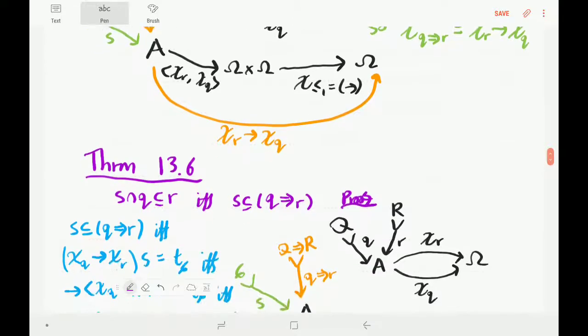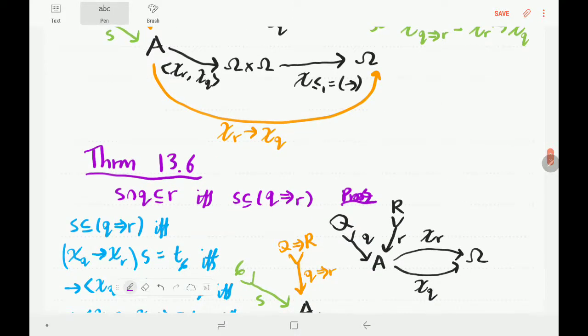By the way, this double arrow here, when we're talking about the subobjects instead, is often called the material implicate.